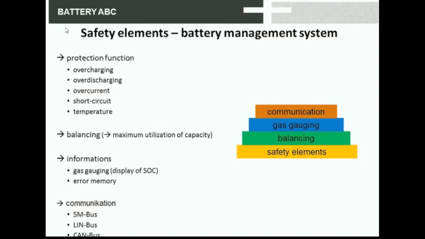And of course, the battery management system is responsible for the communication. That can mean different kinds of bus types, M-bus, LIN-bus, CAN-bus, Mod-bus, whatever the application speaks, the battery has to follow.